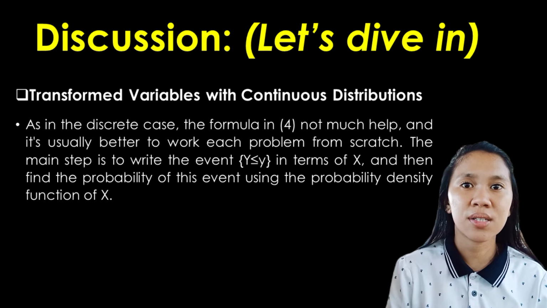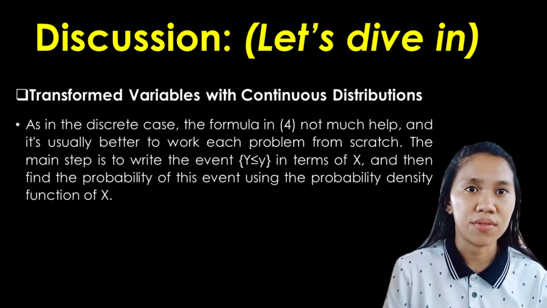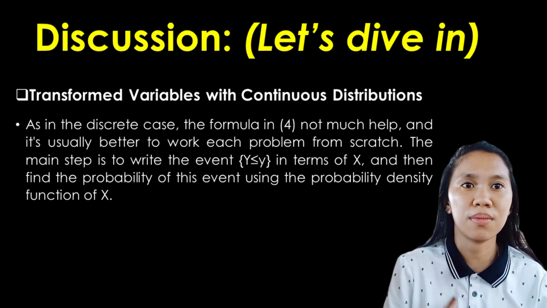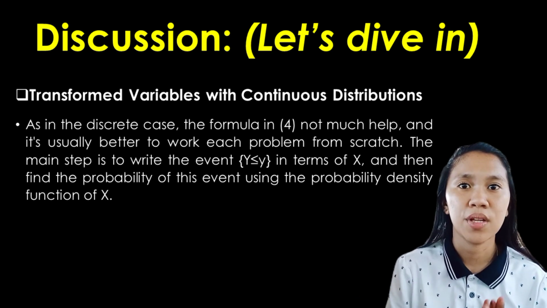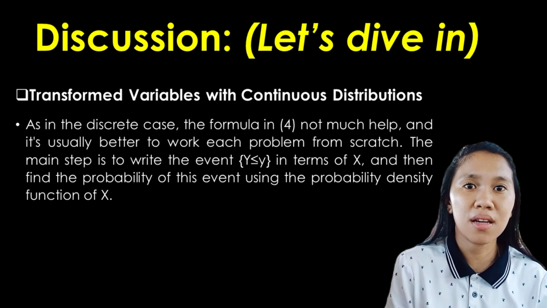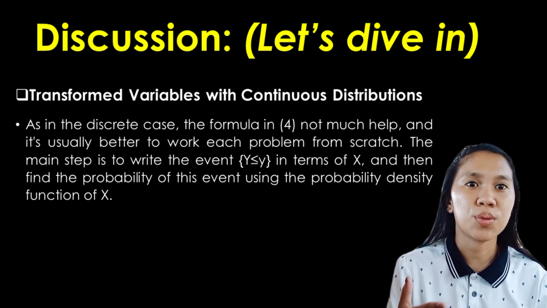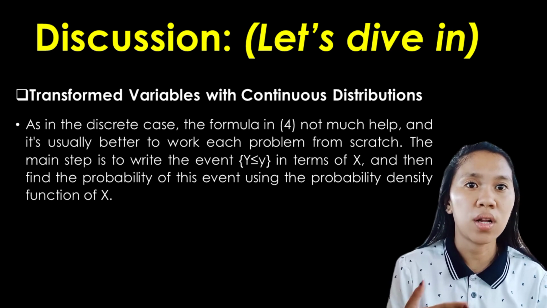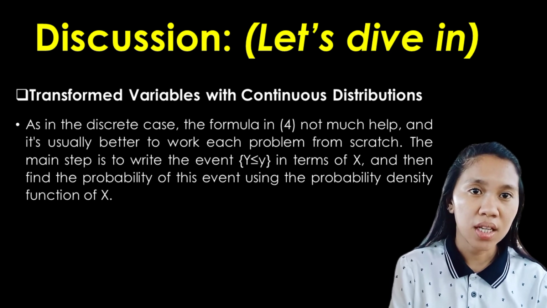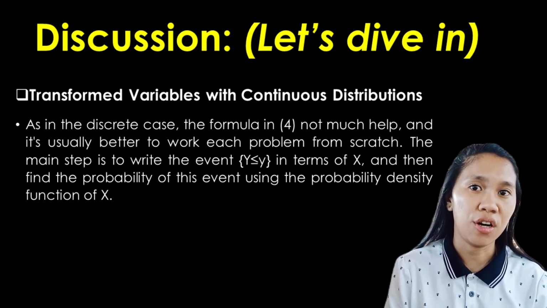So in this discrete case, the formula is not much help. So it is usually better to work each problem from scratch. So the main step is to write the event y less than or equal to y in terms of x, and then find the probability of this event using the probability density function of x.